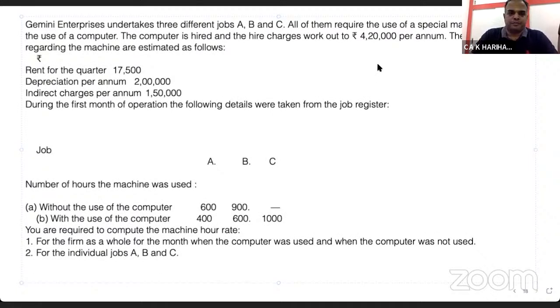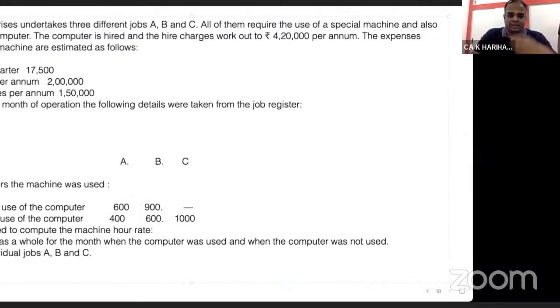With the use of computer and without use of computer, there are three jobs, A, B, and C. Computer hire charges 4,20,000. Quarterly rent 17,500. Depreciation per annum 2 lakhs. Indirect wages 1,50,000.